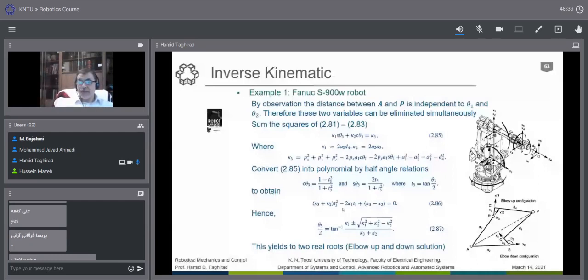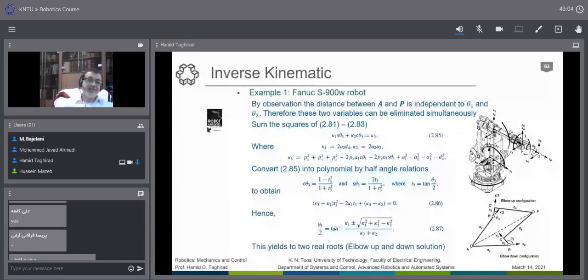So basically we have two solutions for theta 1, two solutions for theta 3, making it four solutions for these two examples, if a solution exists, or the point is within the workspace of the robot. So we have theta 1 here, theta 3 here.